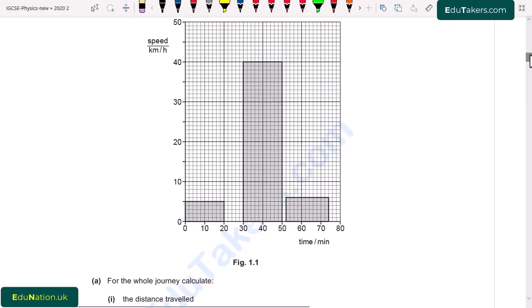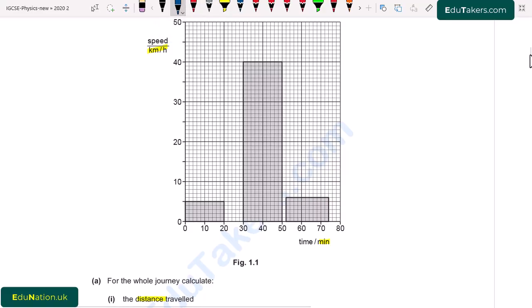On the x-axis we have taken time in minutes, while on the y-axis we have taken speed in kilometer per hour. So part A. For the whole journey calculate the distance traveled. So we have to calculate the distance traveled from 0 to 74 minutes.